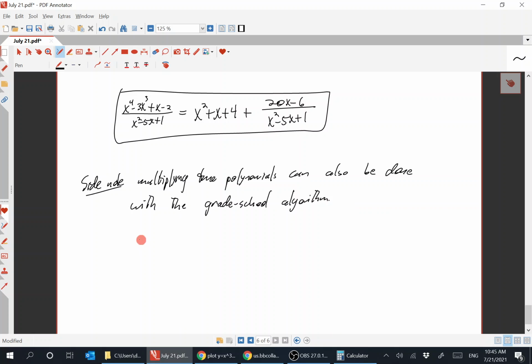Right, so for example, let's multiply x to the 3rd plus 2x squared minus x minus 8 times 3x squared minus x plus 1.